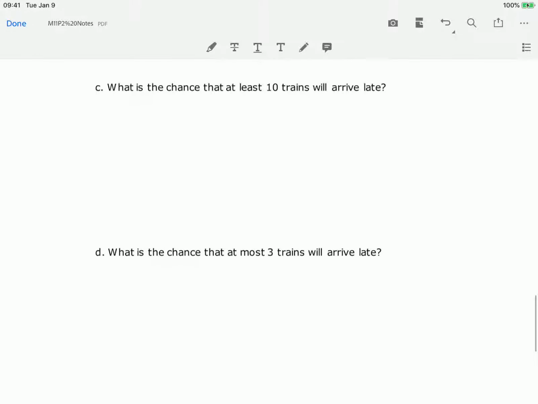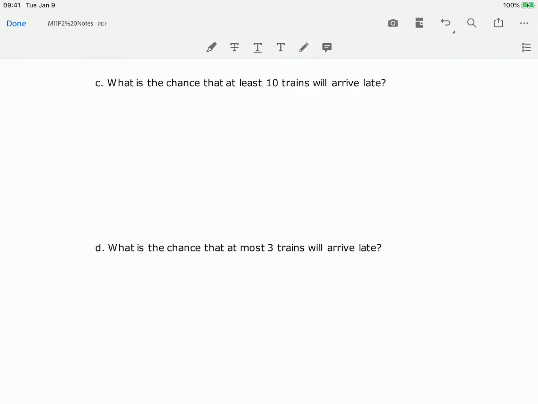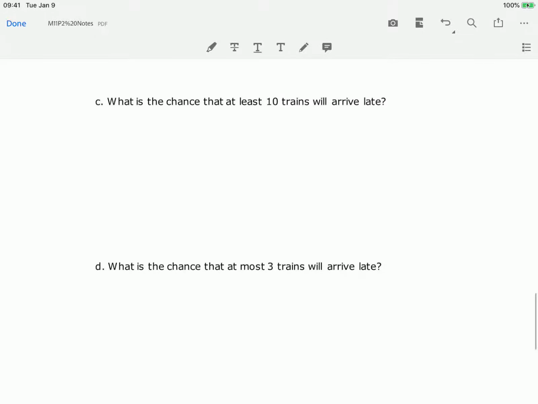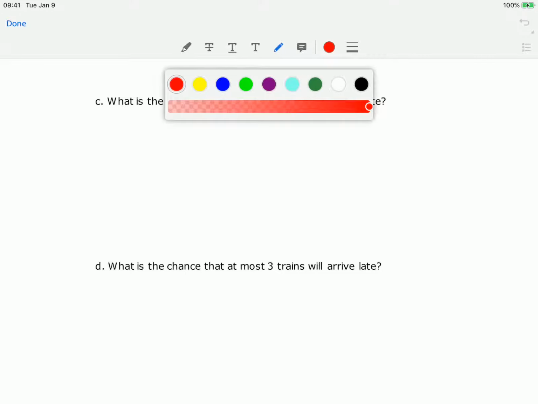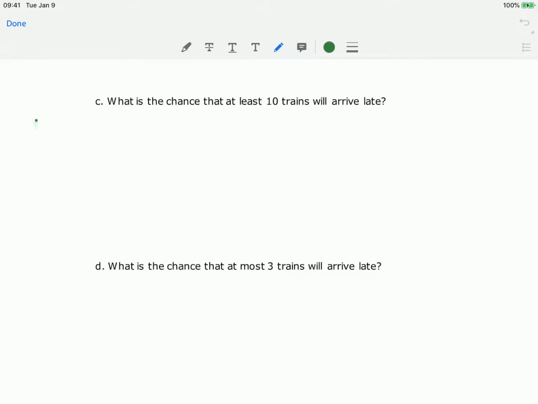All right, and now, what is the probability that at least 10 trains will arrive late? So we want to know the probability that x is bigger than or equal to 10. At least means greater than or equal to.